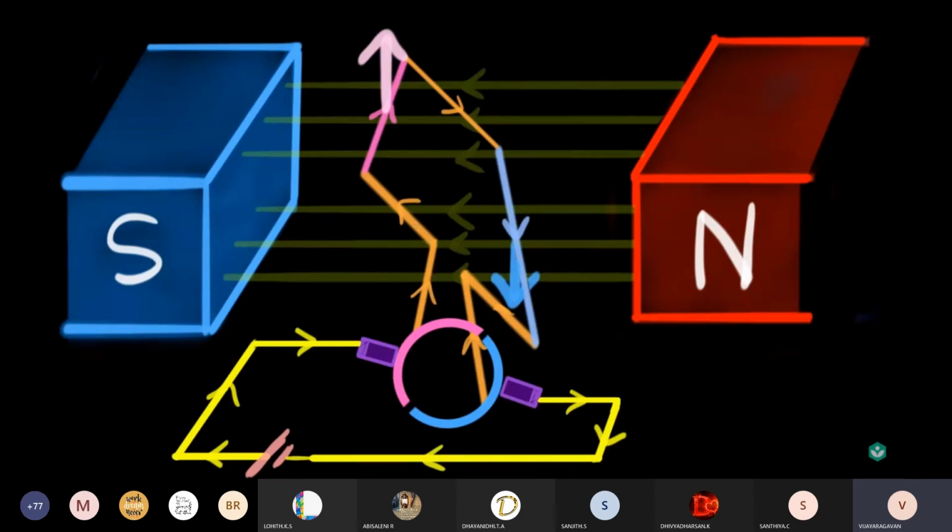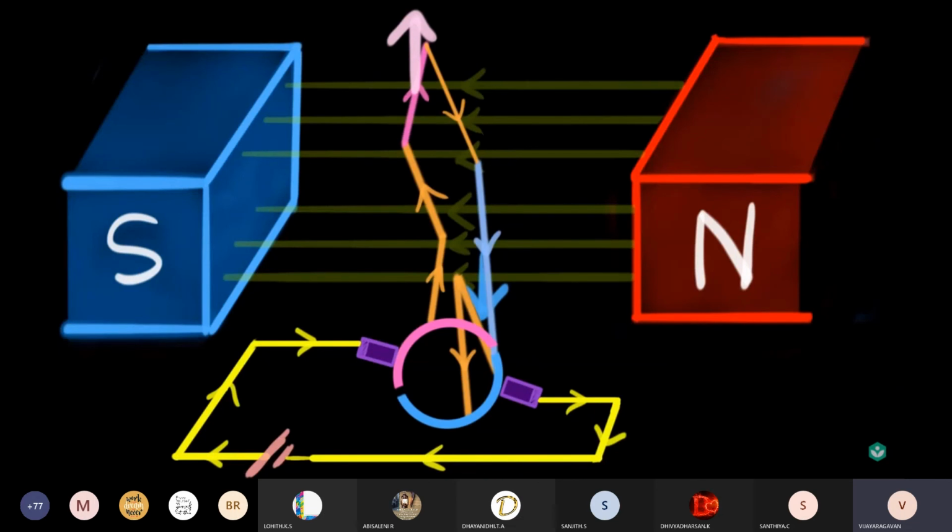This solves our problem of wires tangling and everything. But now more importantly, let's see how this reverses the direction of the current every half a rotation. So right now, the pink ring is in contact with the positive terminal and the blue ring is in contact with the negative terminal. But notice what happens once the coil spins enough.